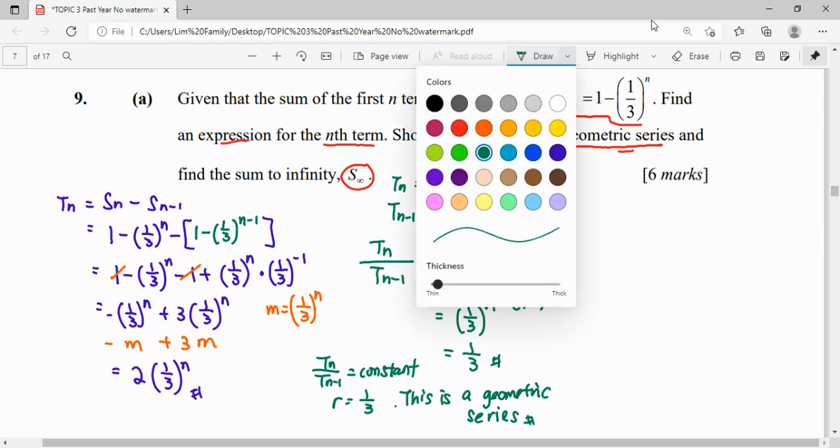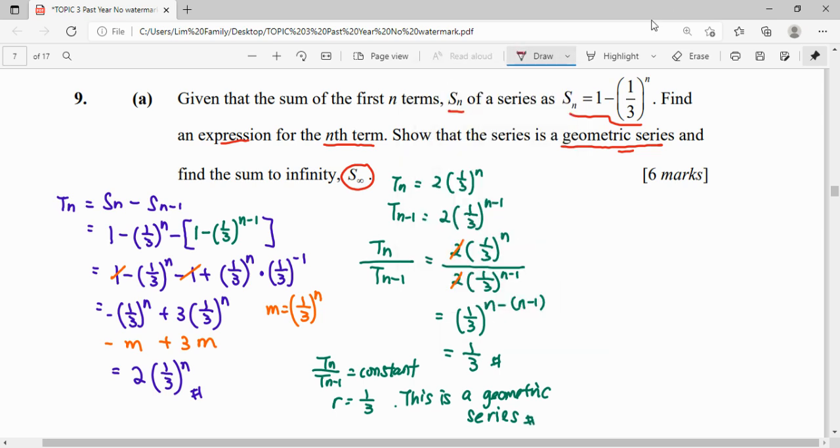Lastly, we have to answer our third task, which is the sum to infinity. When I want to do the sum to infinity, I need a divided by 1 minus r. The common ratio, I already have. The problem here is I don't have a, the first term.